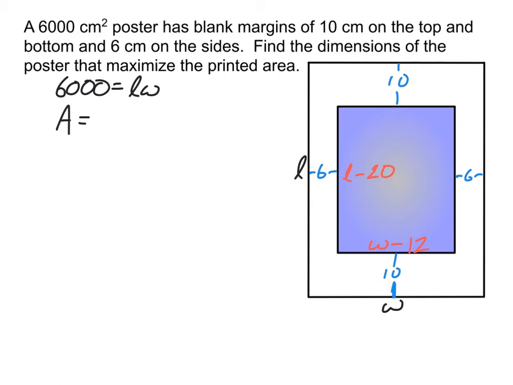All right, so now I can write the equation for that printed area. That's going to be the L minus 20 times the W minus 12. Now I have my system of equations. Now we can solve for one of those and solve from there. I want to plug into the one that currently has 3 variables and make it just 2 variables.